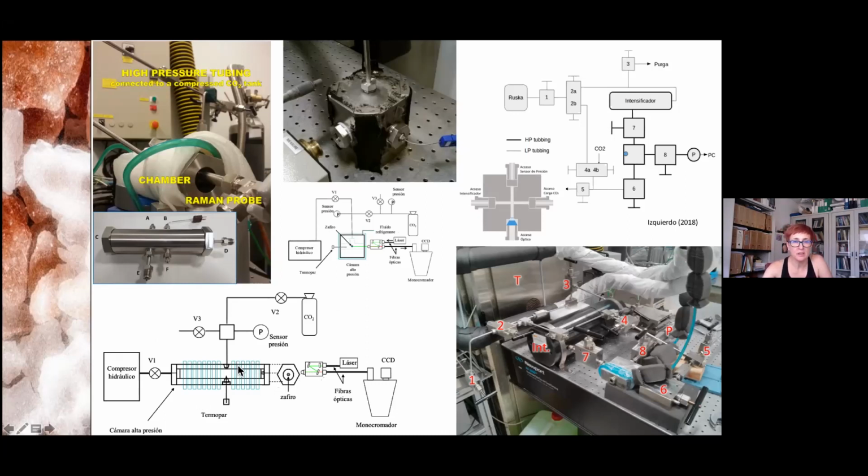This one here is the one that we have to work up to 30 megapascals, so to go to Europa's ocean. It's a cylindrical stainless steel chamber that has a sapphire window, and you can do spectroscopy and visual control through this window.